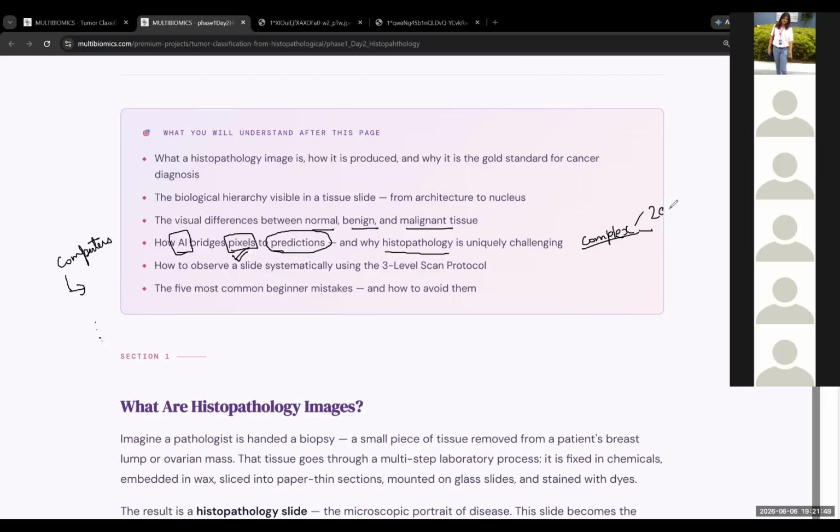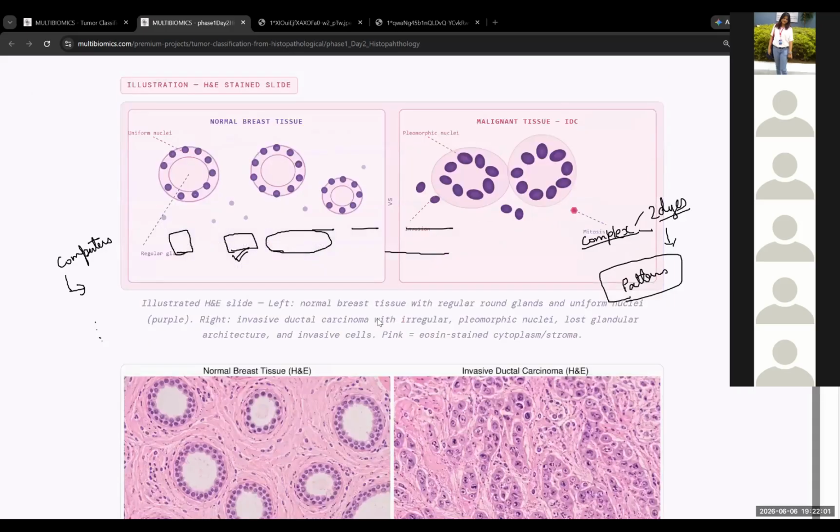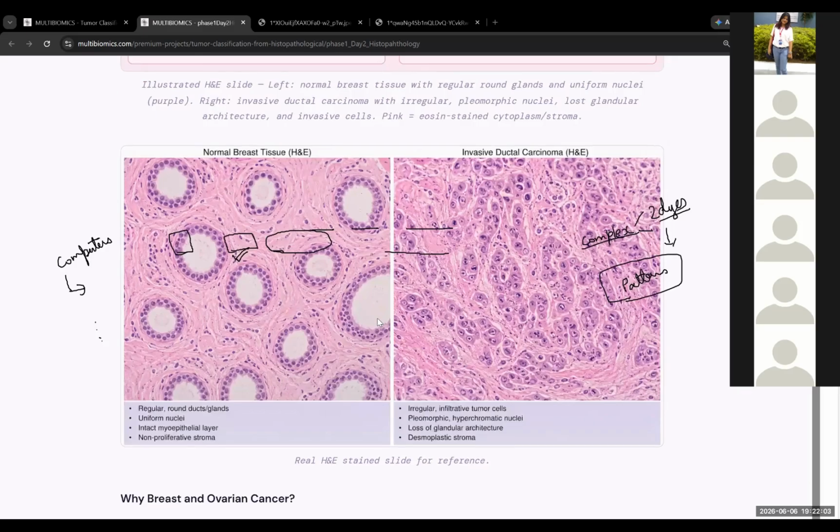Okay, we have got 2 dyes, 2 stains. Then we have got so many patterns. Normal cells, let me just show you now. Okay, this one, you see? The normal cells are arranged so neatly. These are glands.